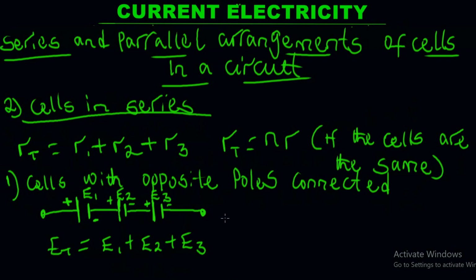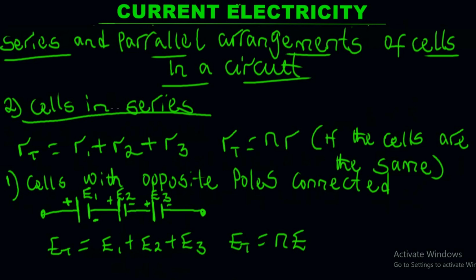If they are the same, let's say E1, E2, E3 are equal to the same value, let's say 2, you can just find your net EMF like this, NE, because E is the same. Instead of adding up the 3 EMF, each with an EMF of 2, you can just say 3 times 2, where N stands for the number of cells you have. So this is how you get the net EMF when the cells are connected in series with opposite poles connected.